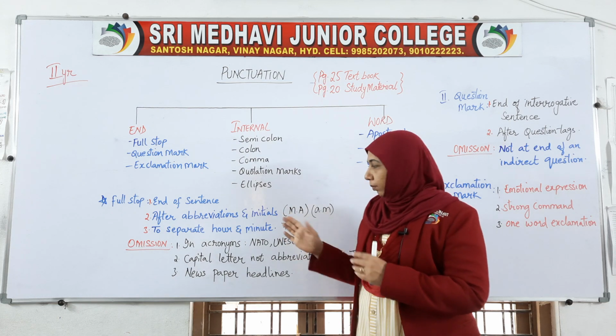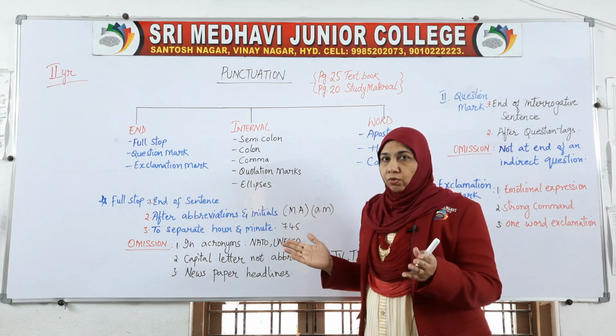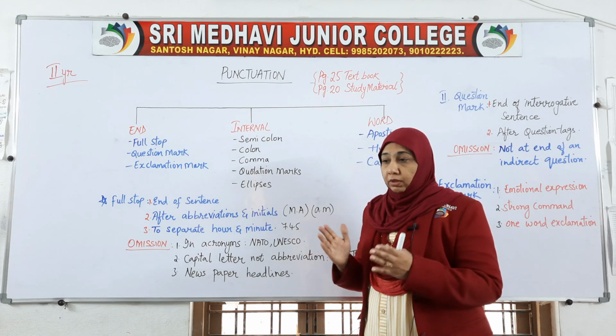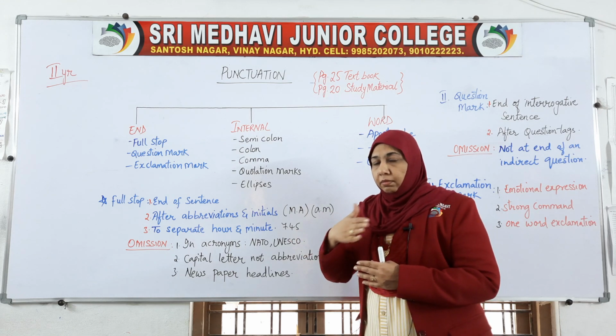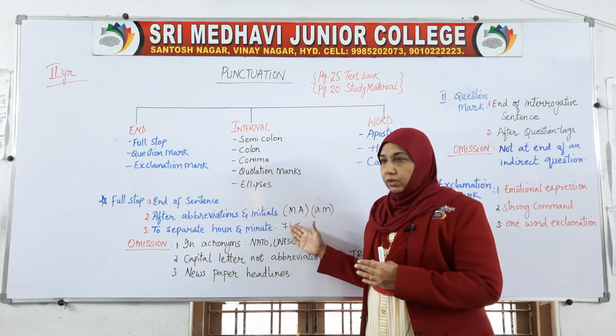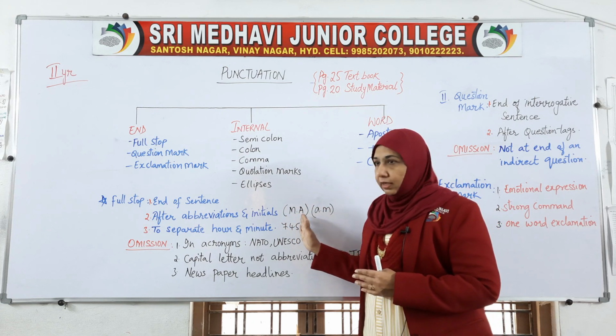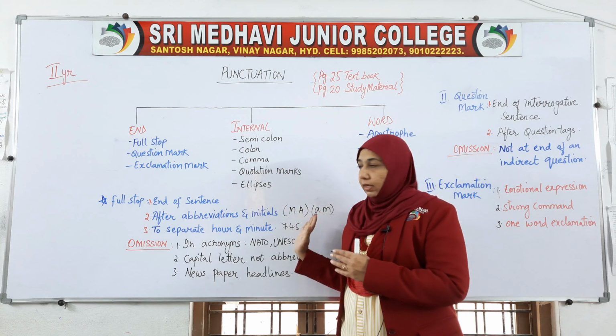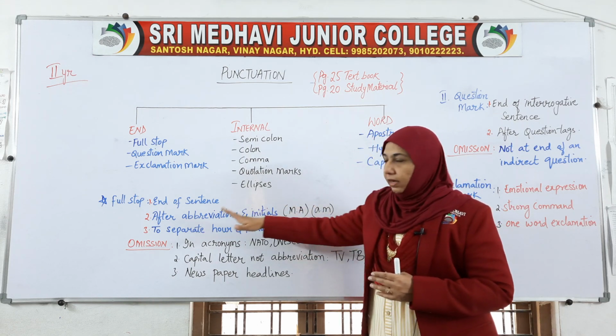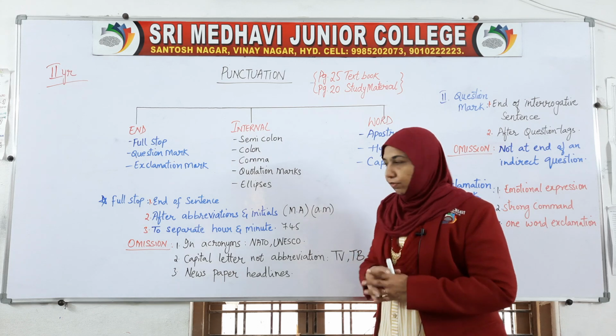Abbreviations are those which can be expanded into a fuller form of words, like MA, Master of Arts. Master of Arts is the expanded form, whereas MA is the abbreviated, contracted form.